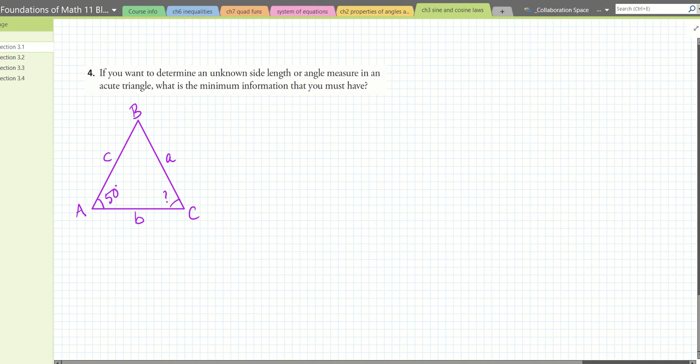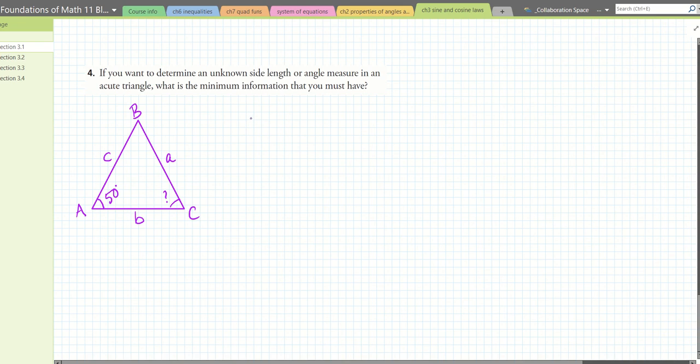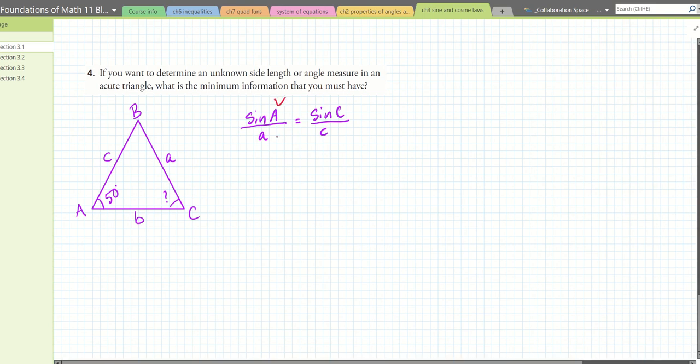Well, if you're trying to find the angle, you need to have 3 out of 4, because this is the relationship: you have sine of angle A over side a, and if you're looking for angle C, you use sine C over side c. So here, we know this and we know that and we know side c, so the only unknown is the angle.